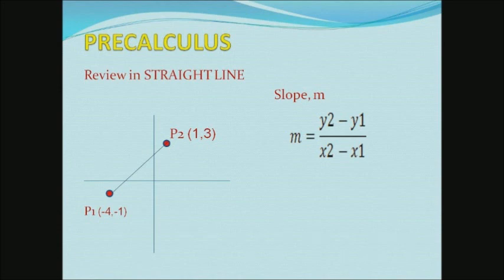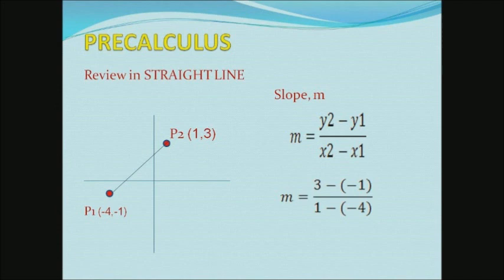So, all we have to do to get the slope of our line is simply substitute the values. So, you have y2 minus y1, so that will become 3 minus -1 all over x2 minus x1.